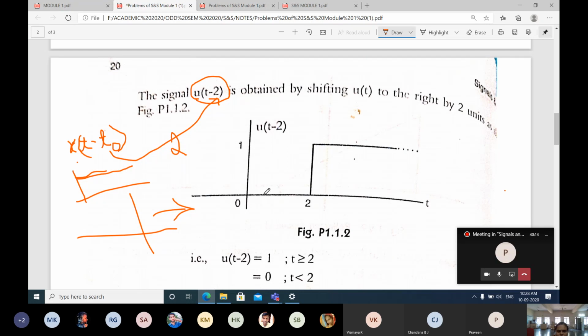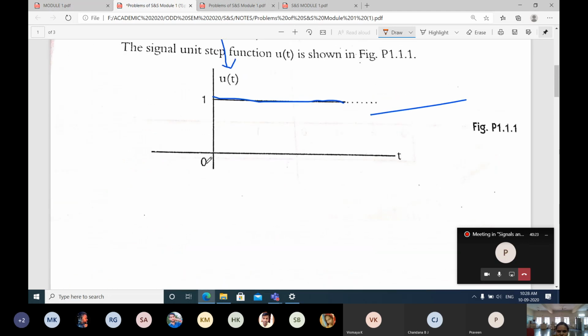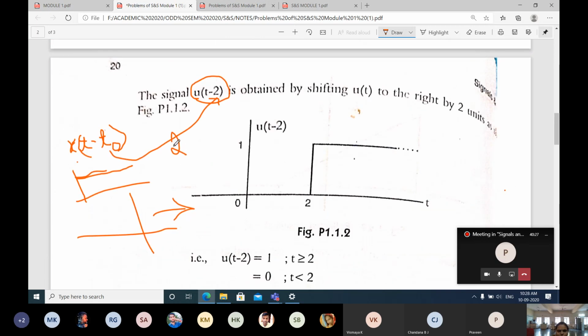For the u of t signal at the 0th position, time is 0. 0 plus 2 means 2 only. I told you to add the shifting amount to the time. So 0 plus 2 gives us 2 only.